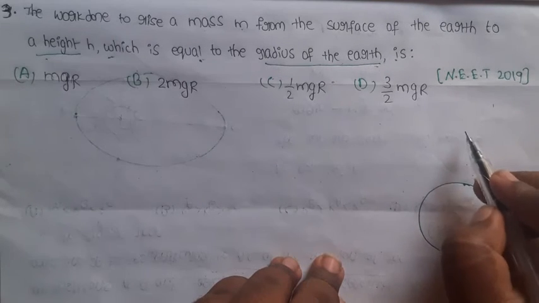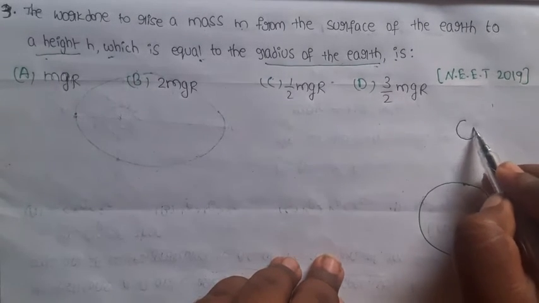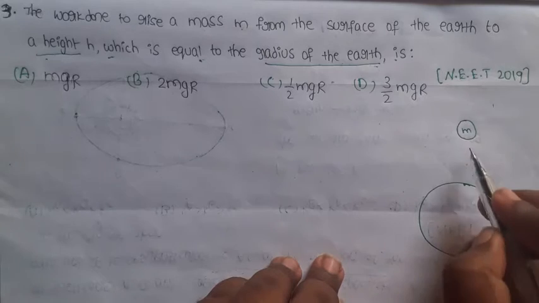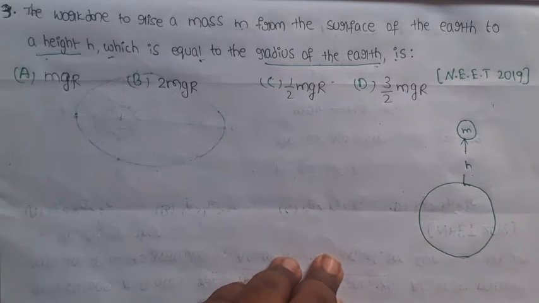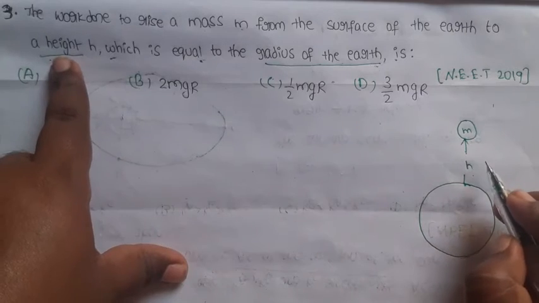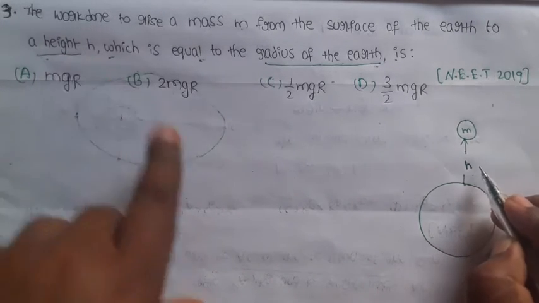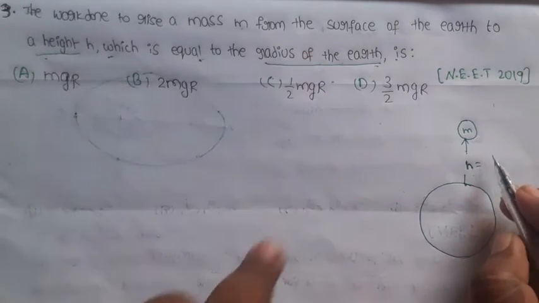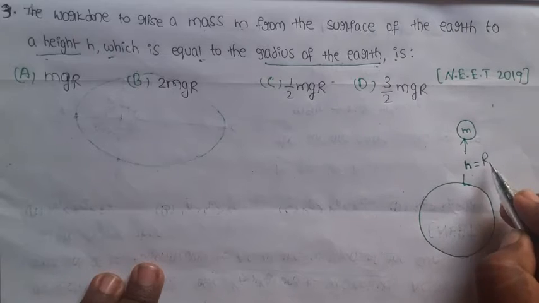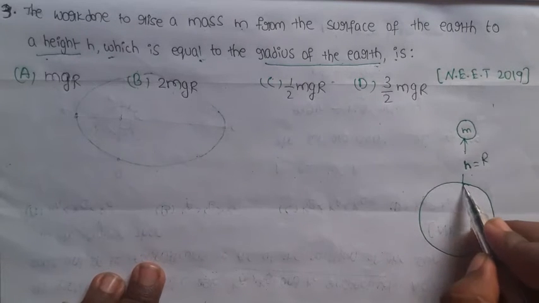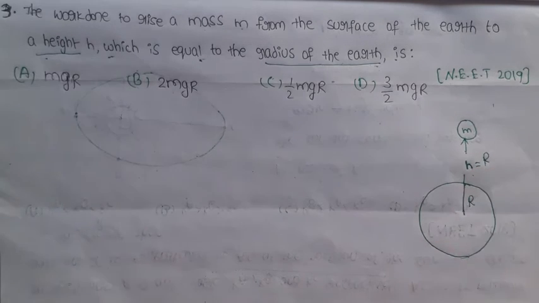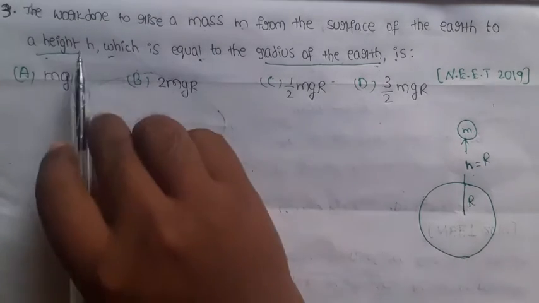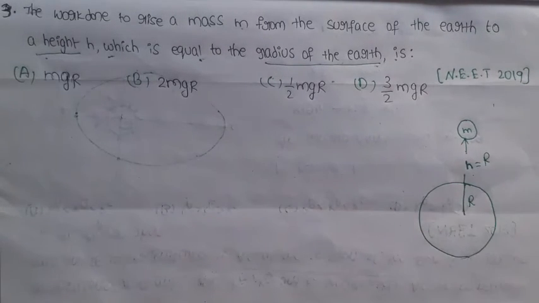When I am lifting an object of mass m from the earth surface to height h, it is already given in the question that the height is equal to the radius of the earth, R. In this situation, find the work done.